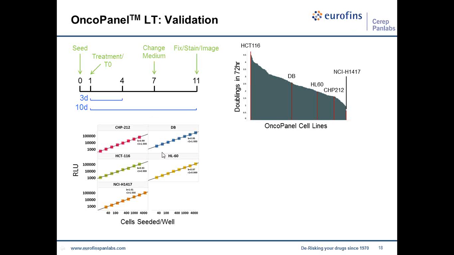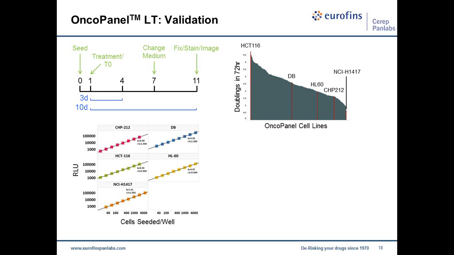And what you can see over this range of cell lines of different growth properties, that is adherent versus non-adherent, is that we can accurately seed these cells down to about 15 cells per well. And you can see in many cases the R-square value of this is 1.0. So this gave us some confidence that seeding the cells at low density was not going to be an issue for us.